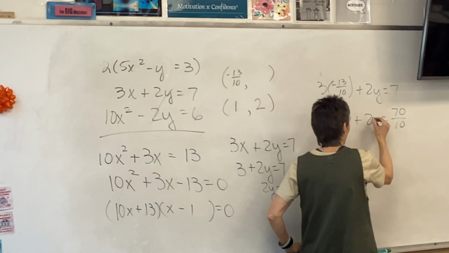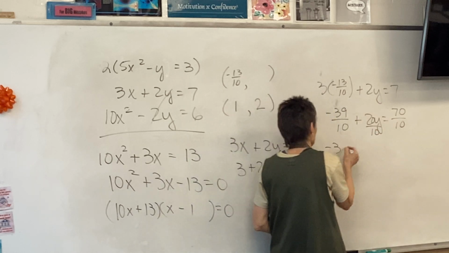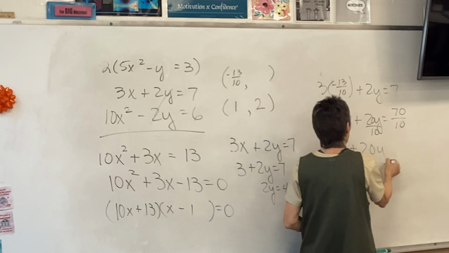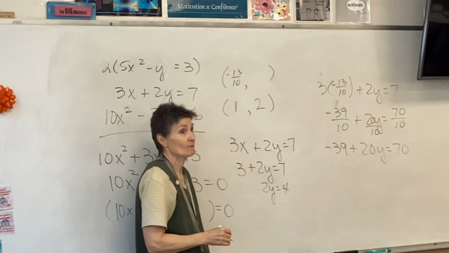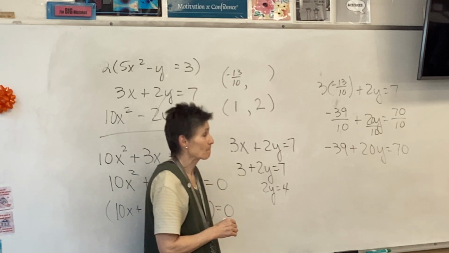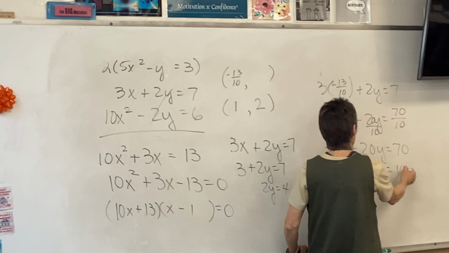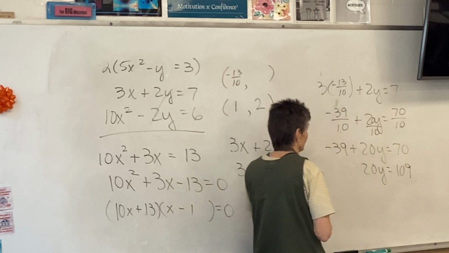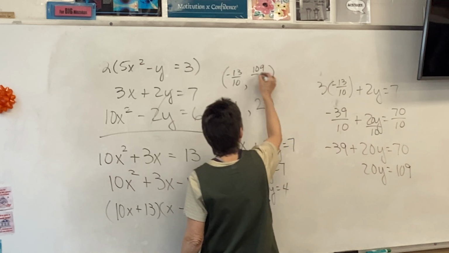Make that 20y over 10. So negative 39 plus 20y equals 70. See what Elijah's doing? He multiplied everything by 10 to get rid of the denominators. That makes sense. So 20y equals 109, and y equals 109 over 20.